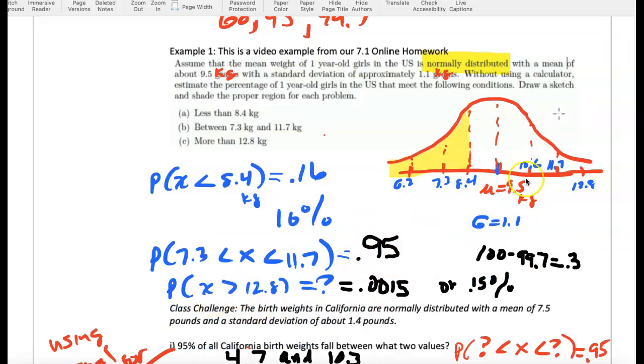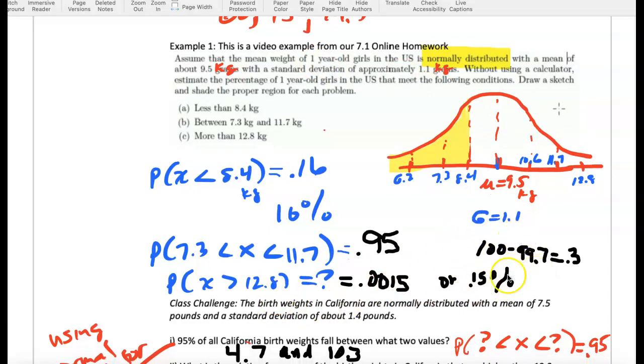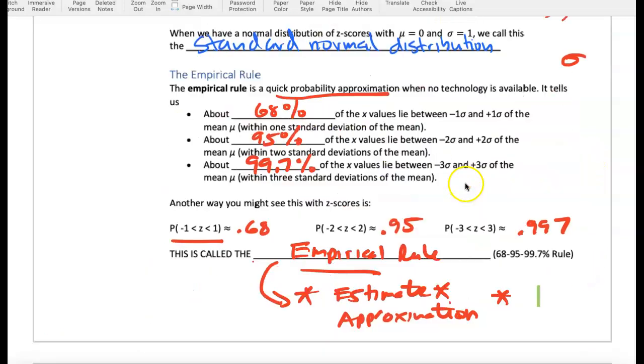What percent is greater than 12.8? What proportion of one-year-olds weighs more than 12.8 kilograms? I get 0.0015 or 0.15%. Now, how do you get that? That comes from the empirical rule, and 100 minus 99.7 gives you 0.3. But those are the very extreme tails.